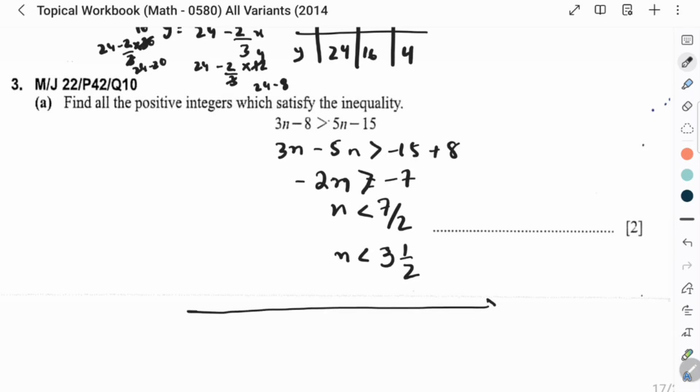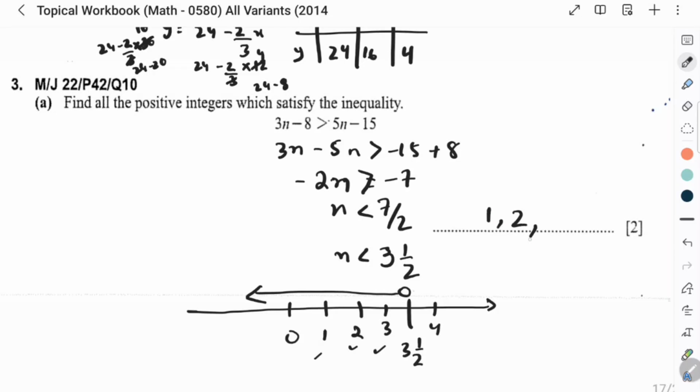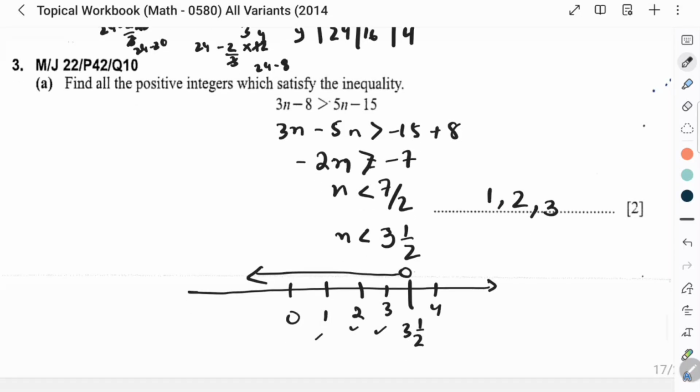So this is 3, this is 4, and in between you have 3 and a half, then 2, 1 and 0. All integer values are 1, 2 and 3. We can't take 0 because they're asking only for the positive integers. So 1, 2 and 3.